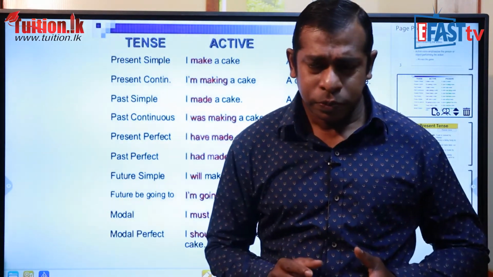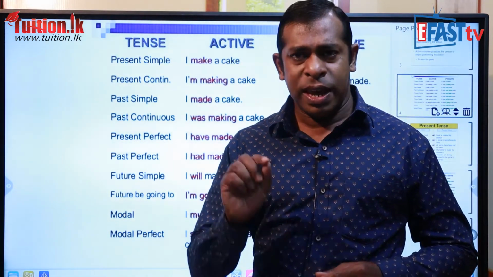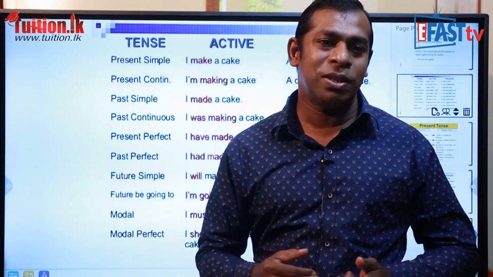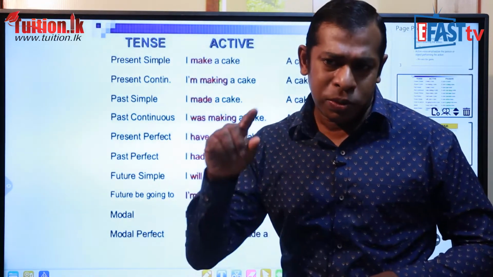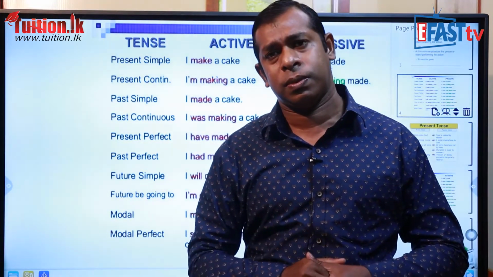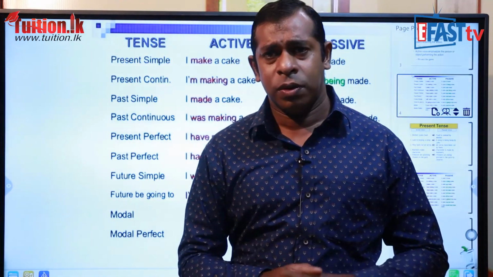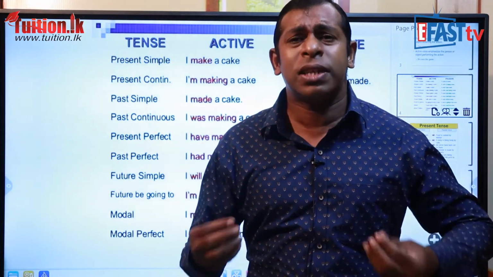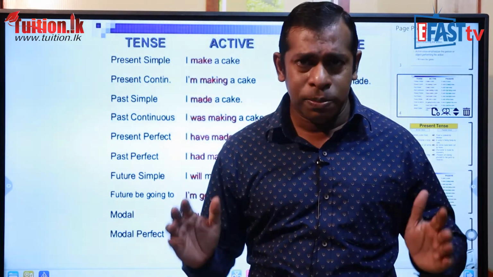Let's assume that I go to school. We cannot answer the questions what or whom. We have to answer where. Where do I go? So that type of sentence cannot be made in passive. So the first rule of passive is we should answer one of these questions, what and whom. Otherwise, we cannot make passive.